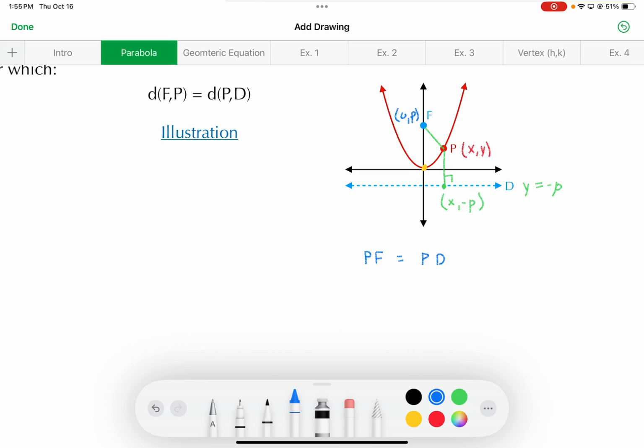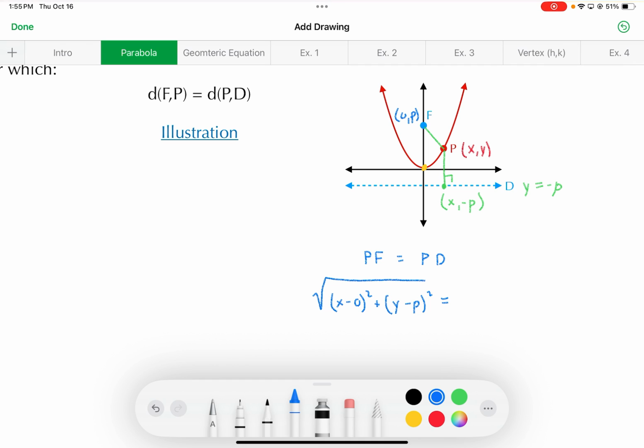So from P to F, using the distance formula, I'll have the square root of x minus 0 squared added with y minus p squared. Everybody okay with that? All right, now, what about the distance from P to the directrix line?